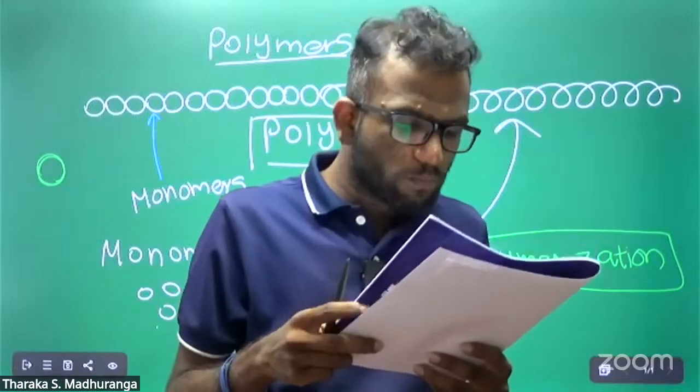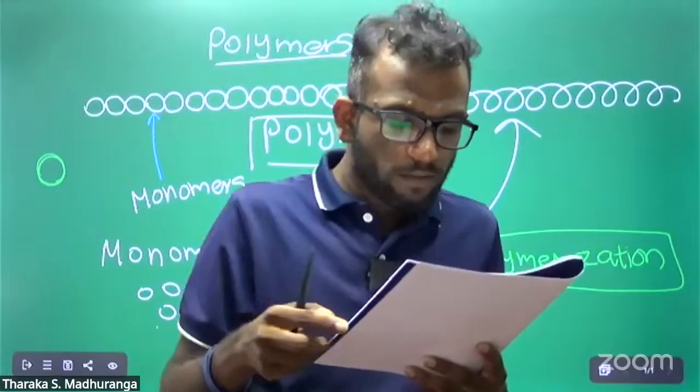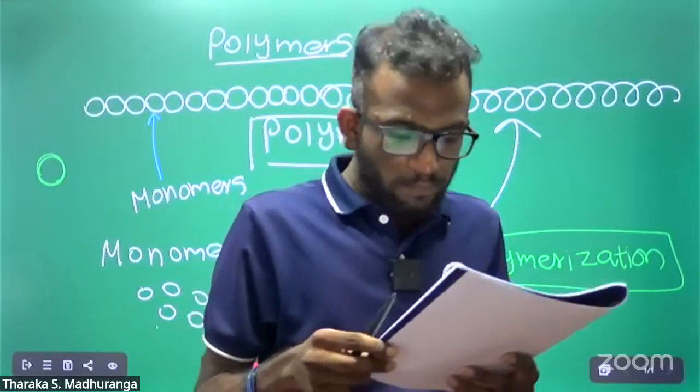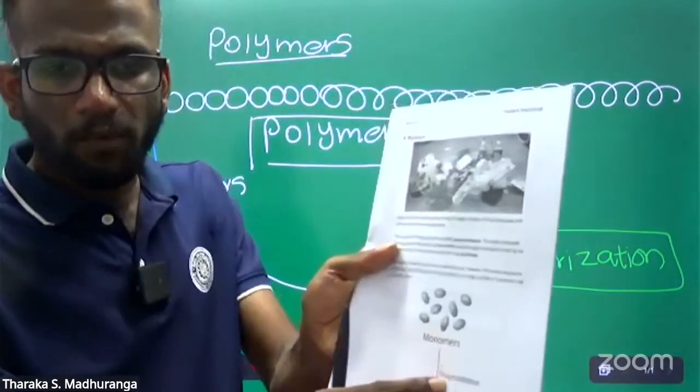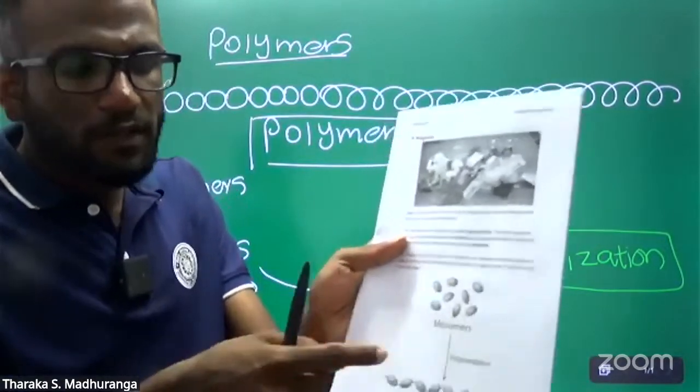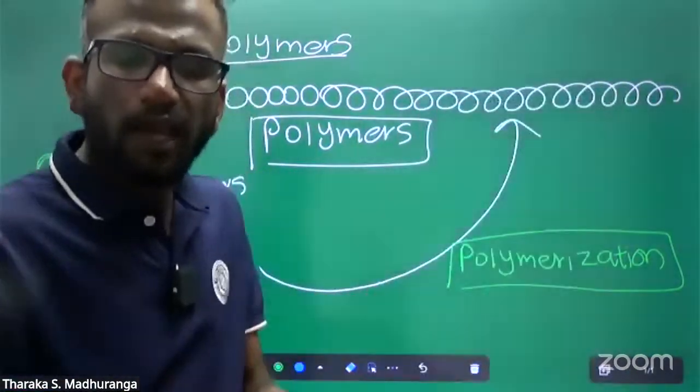However, the relative molecular mass of a polymer formed by polymerization is a huge value. Okay, I have given clearly: they are monomers, small compounds, which then produce a large-scale structure. They are the polymers.